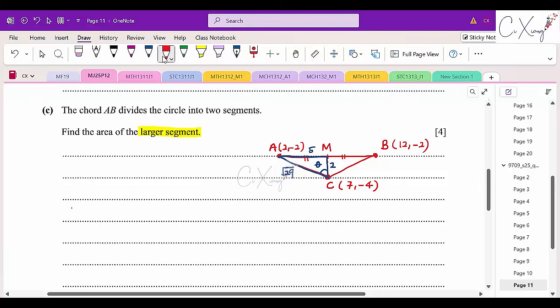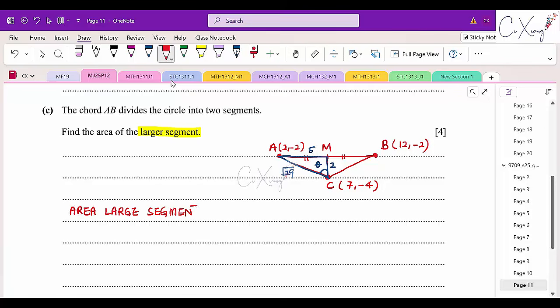Alright, so before that, let me write it out first. Okay, the area of the large segment equals to the major sector plus the area of the triangle.